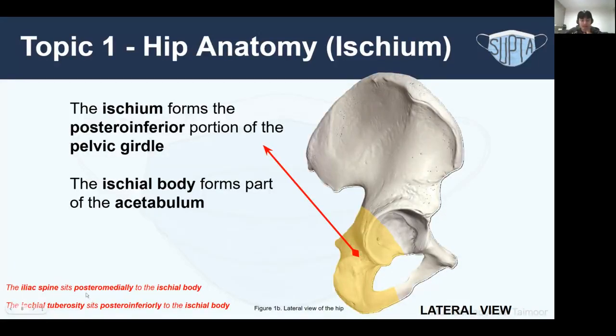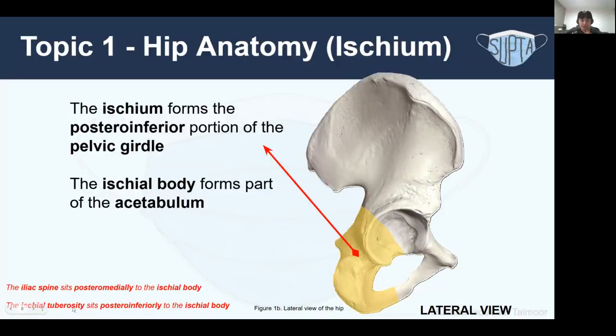The ischial spine, which you can't really see at the moment, sits posteromedially to this body. What that means is it sits behind and more medially to the rest of the ischium.